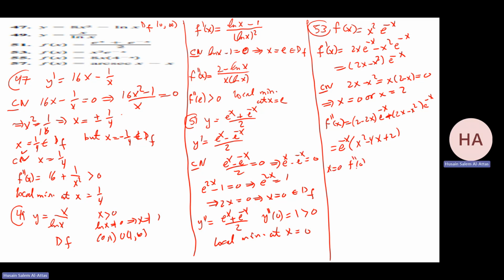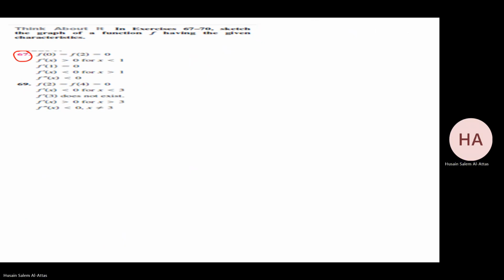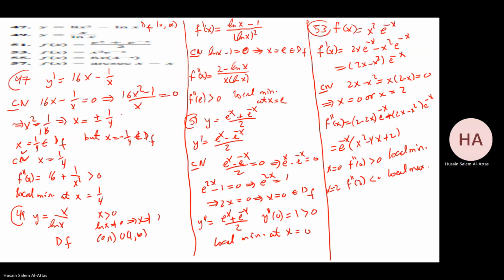Check f double prime at 0. That will be positive. Okay. Means local minimum. x equals 2: what will be f double prime at 2? 4 plus 2 minus 8, that will be negative. So I have a local max. Okay. This is 53.